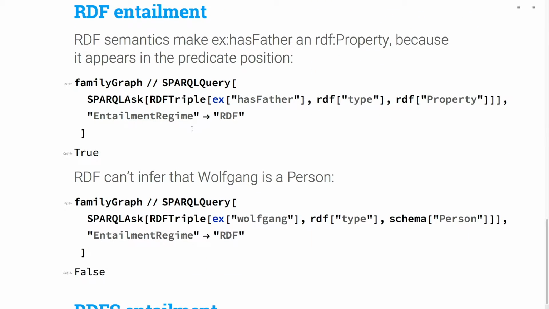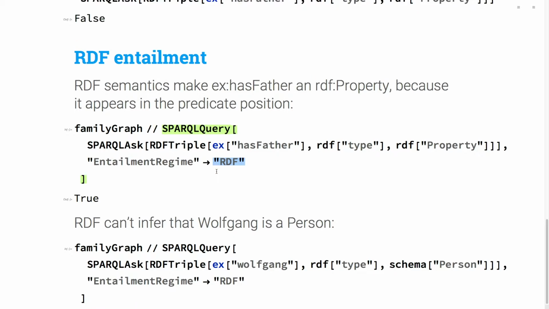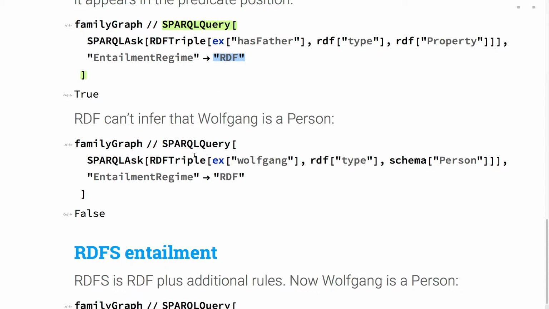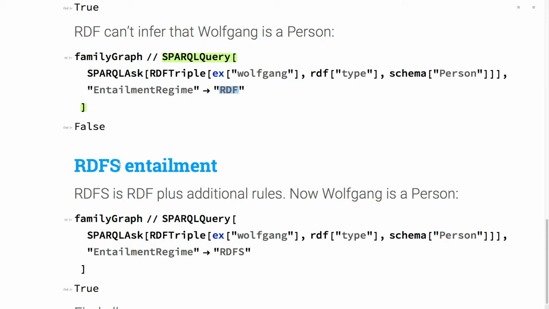So this additional triple is implied by the existing triples under RDF entailment. So now we could wonder, is Wolfgang a person? We can't say that under RDF entailment because this entailment regime is too weak. However, under RDF schema entailment, we can take additional information into account.